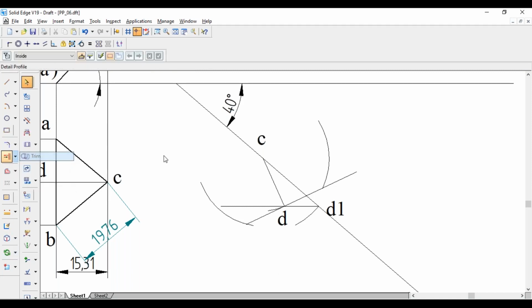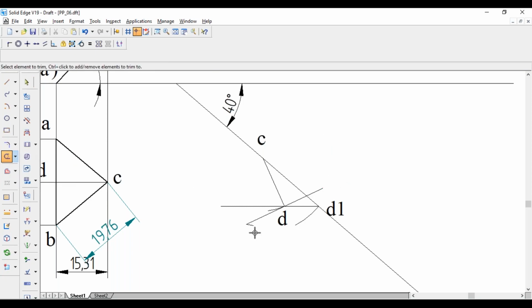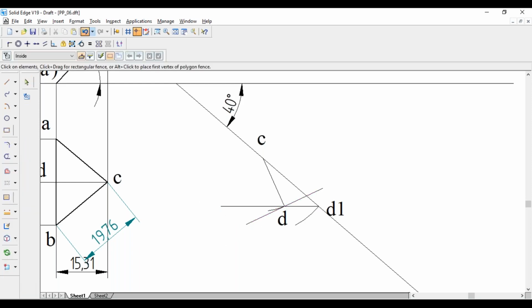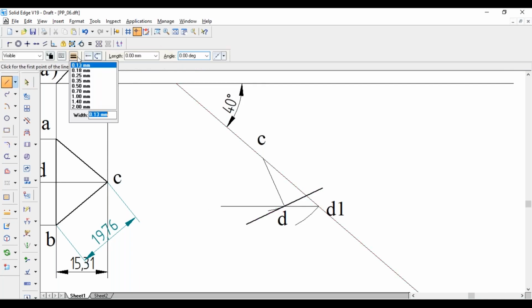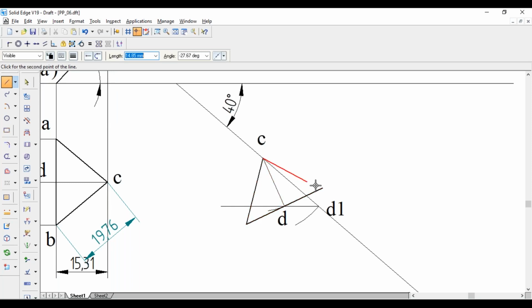The remaining has to be a thick line. Join with thick line, from this point to C, C to this one.